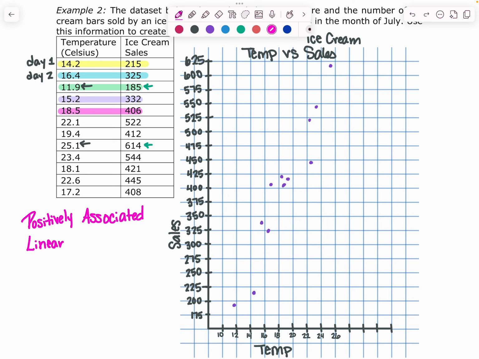Because I could do that, I would say it's probably a pretty strong relationship, just looking at the scatter plot. So this is how we can create a scatter plot by hand of a data set, and then use that scatter plot to look at the direction, the form, and the strength.